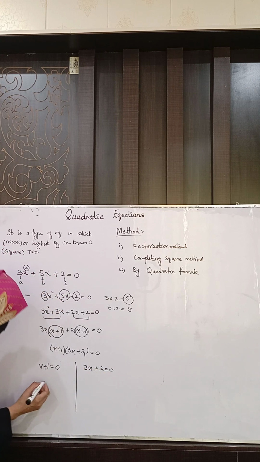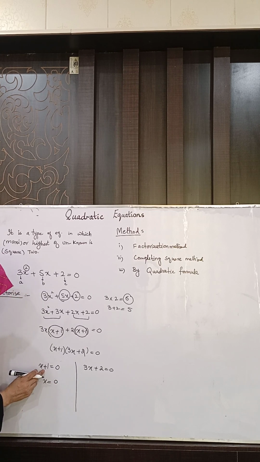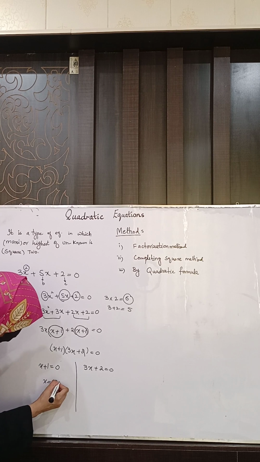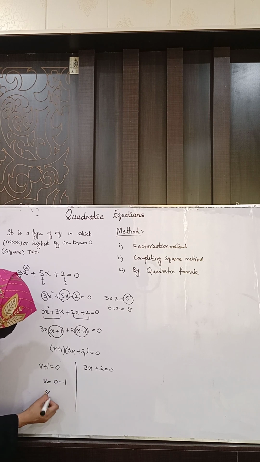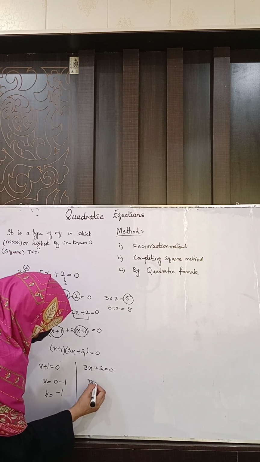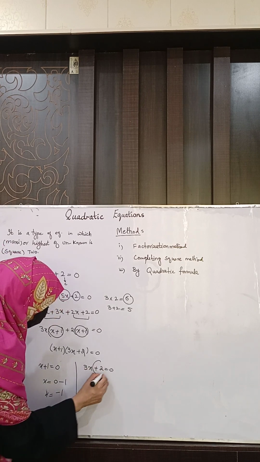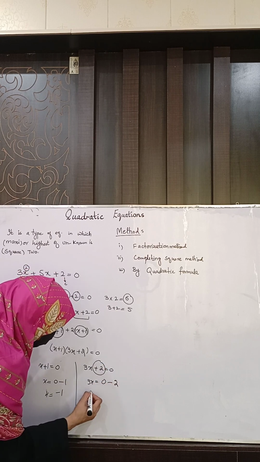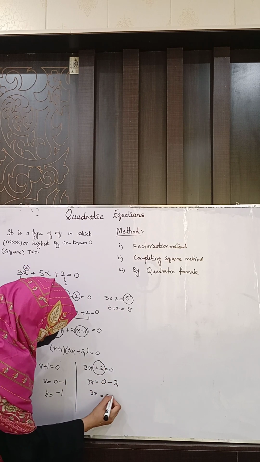Simply we will solve for x. When plus 1 changes sides, it becomes minus 1, so one value of x is minus 1. Same is the case here: 3x is equal to minus 2.